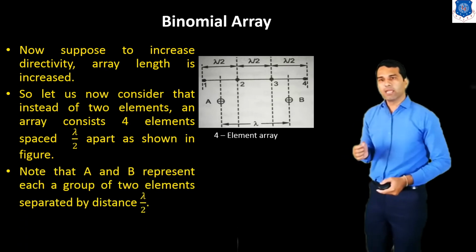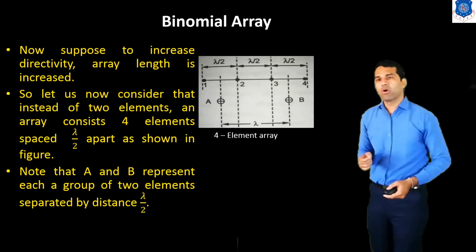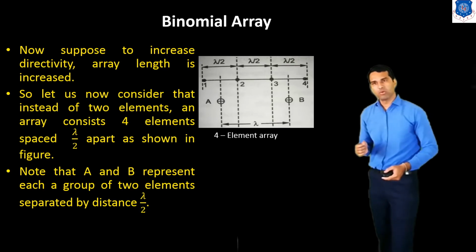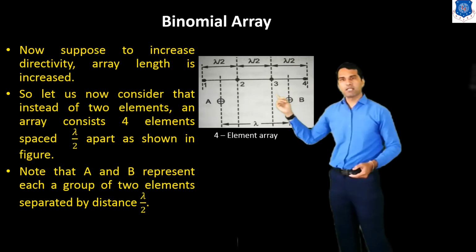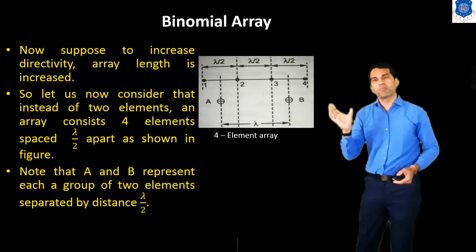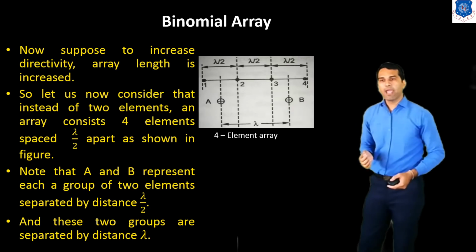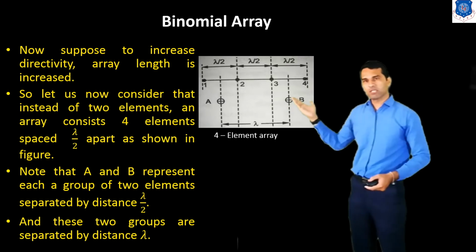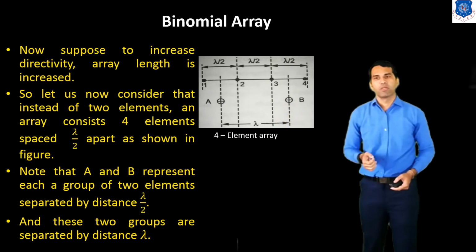Note that A and B each represent a group of 2 elements separated by distance lambda by 2. So this A and this B indicate the group of elements 1 and 2 and the group of 3 and 4. And these two groups are separated by the distance lambda. That means the distance between A and B is lambda.